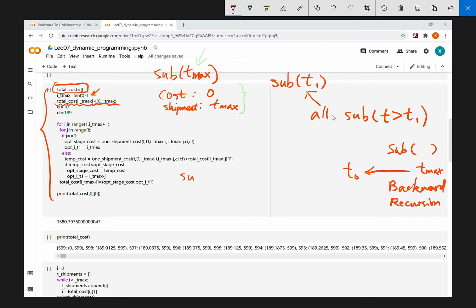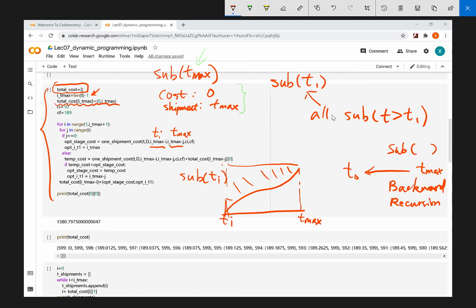When we first solve the problem for t1, there are two cases. The first case is that we have only one shipment until tmax. In this case, our one shipment will be ti, and then this will be tmax. This is a special case where the subproblem is equivalent to a one-step problem.